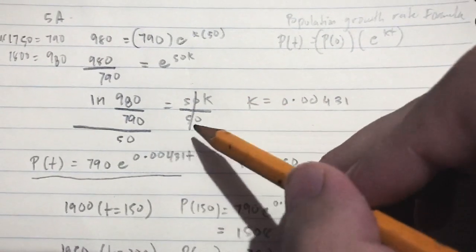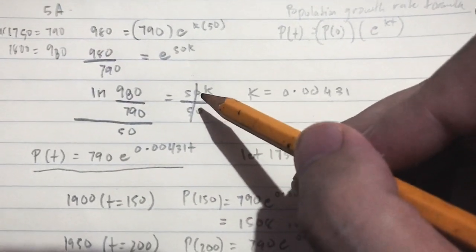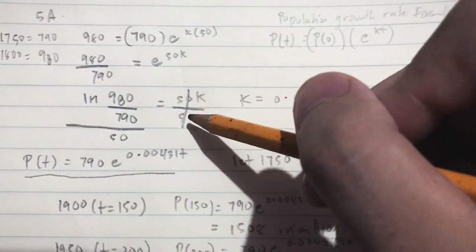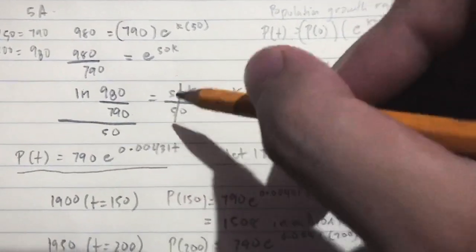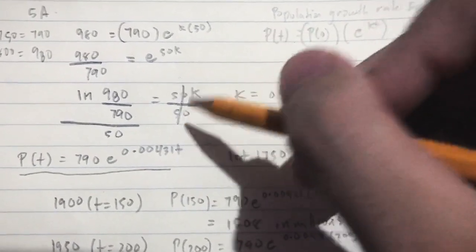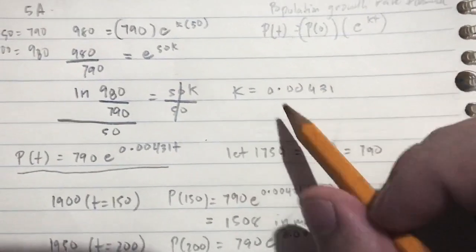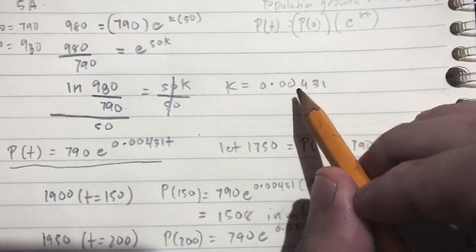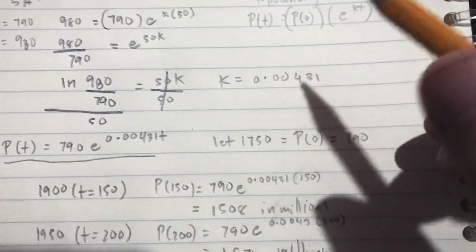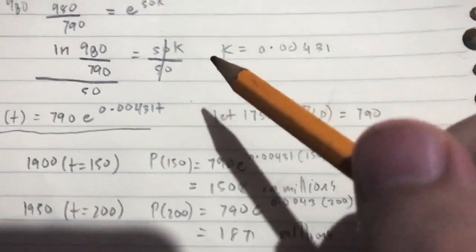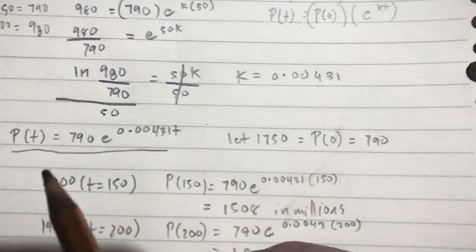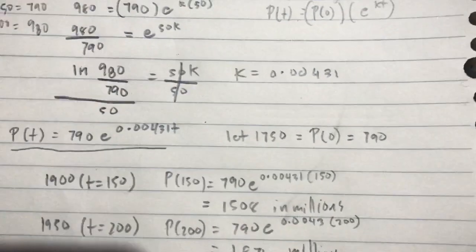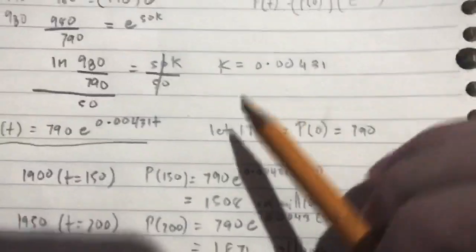We'll simply divide each side by 50 and cancel the 50, so k here is 0.00431.